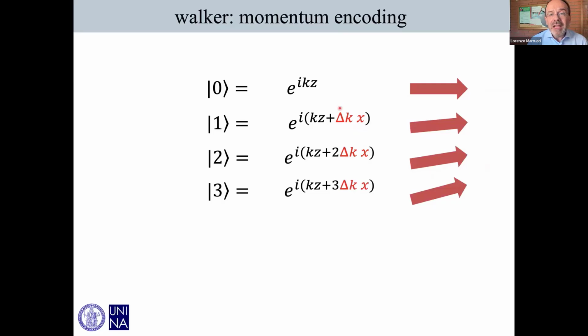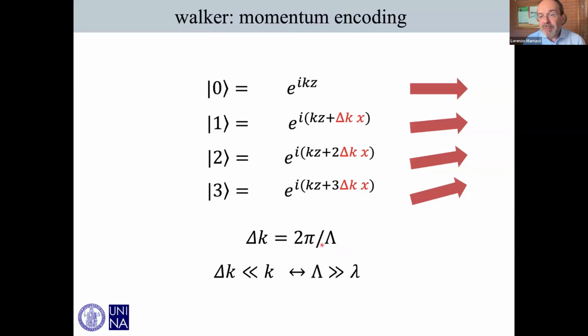You see that I'm taking integer multiples of a delta k for defining this phase gradient. Now delta k, which you can also set as 2 pi over a transverse period, the spatial period capital lambda, can be any value, because in principle there is no discretization in this set of modes that we are defining here.